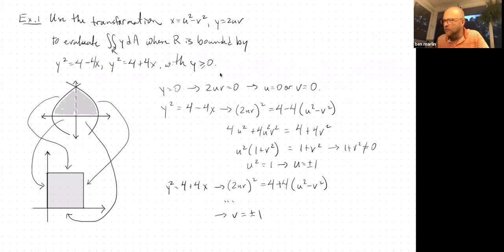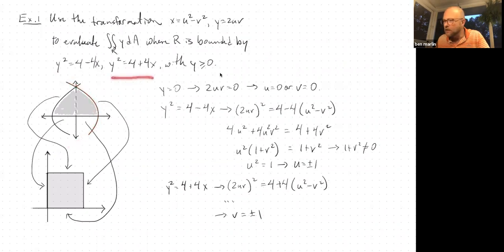Now, looking at the region, it's going to be bounded by y squared equals 4 minus 4x. If you solved for the x in that, you would get x equals 1/4 of 4 minus y squared, which suggests that you got something that opens to the left, okay?